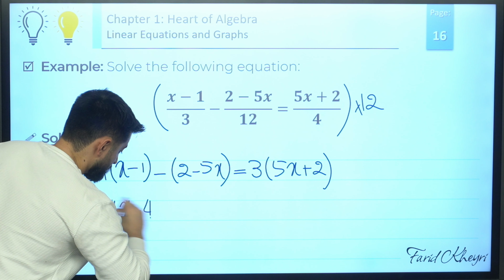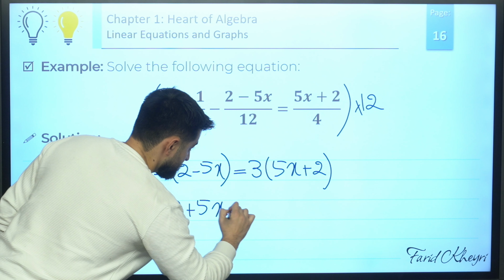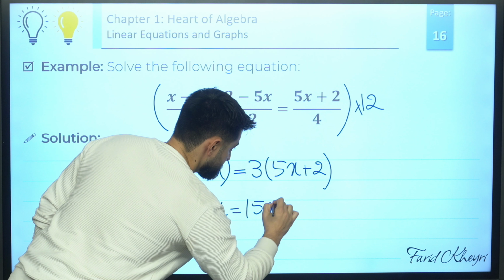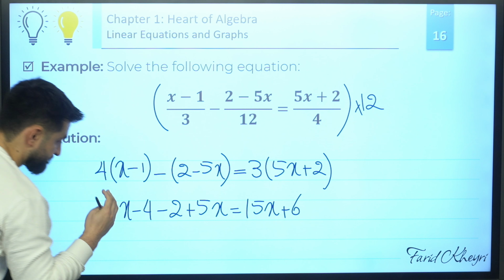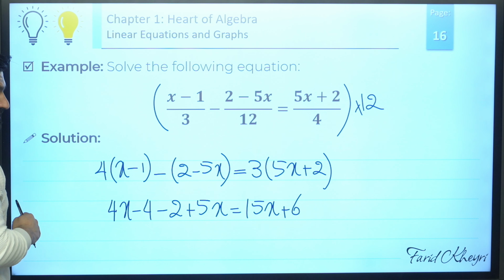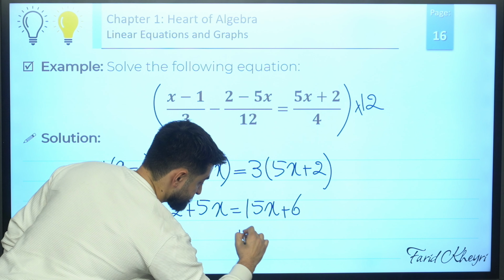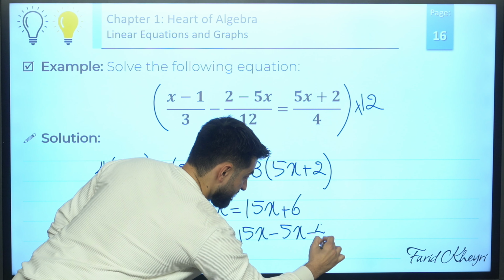Okay, now 4x minus 4 minus 2 plus 5x will be 15x plus 6. We have 3 x's. Let's gather them together to the right hand side, which gives us 15x minus 5x minus 4x.